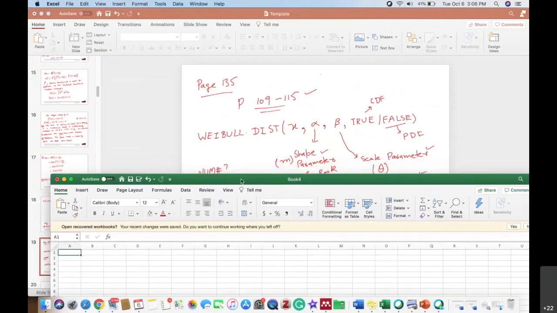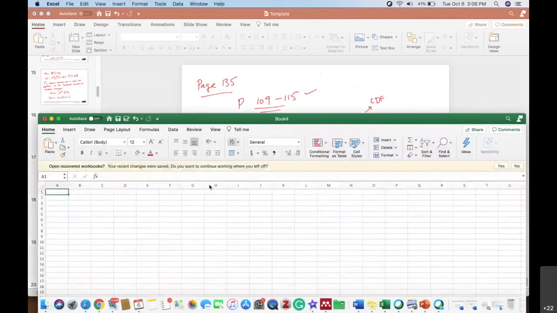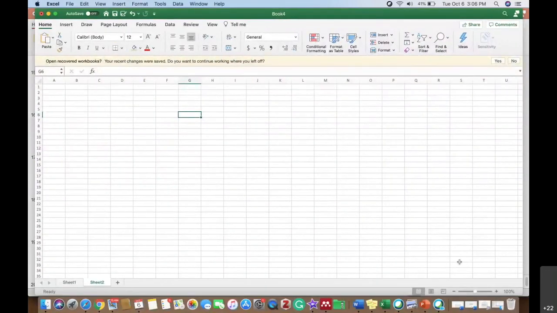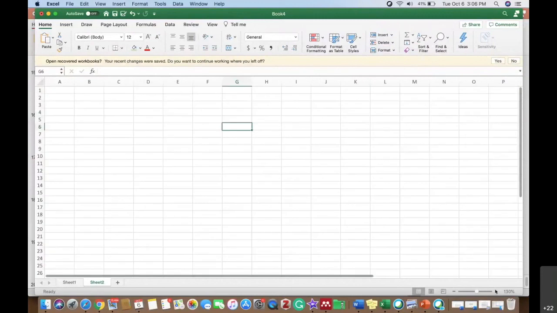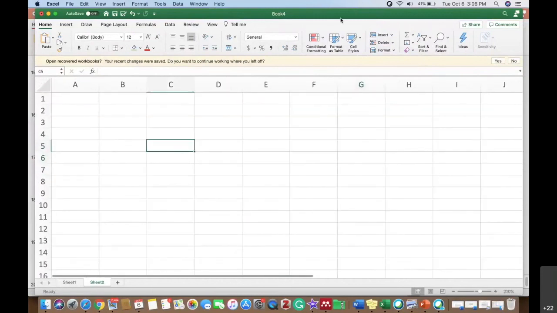Now, the gamma function I mentioned to you is the exp gamma ln of x, right? Okay, is this clear to everyone? Okay, thank you.